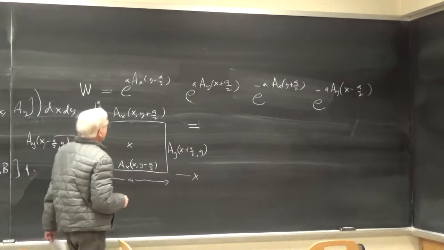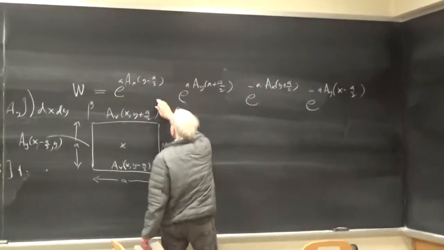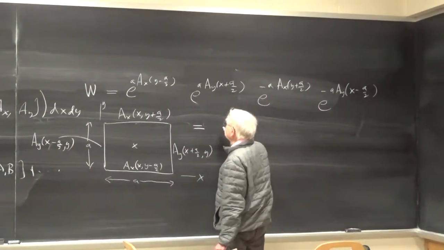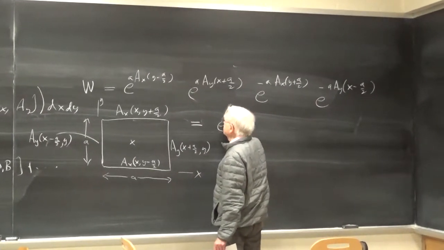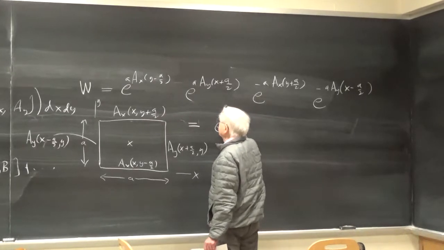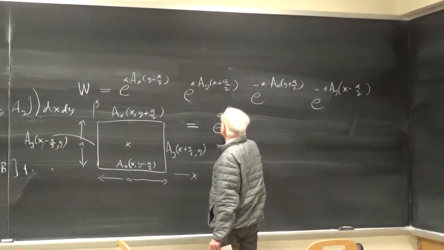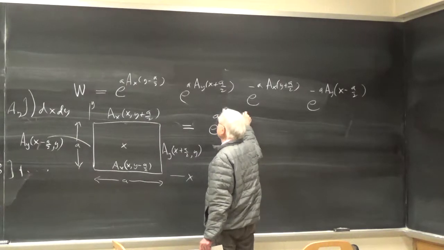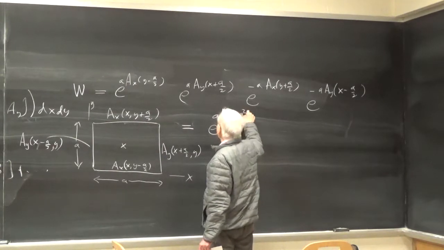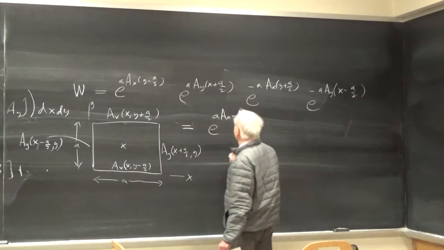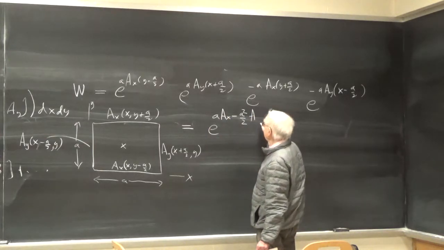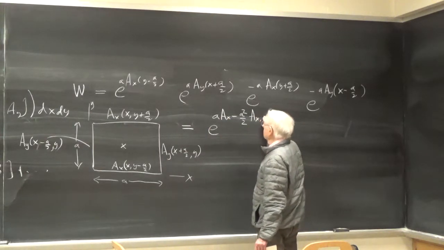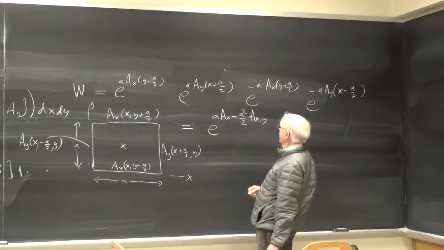So now if we work this out, putting, say, the first two together, we get e to the a A_x minus a squared over 2 a A_x comma A_y, right?